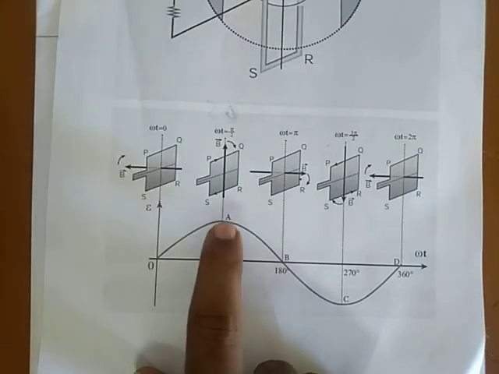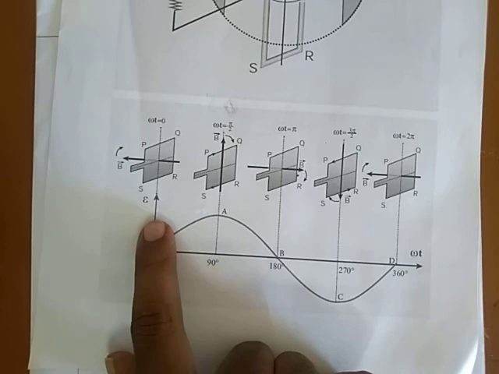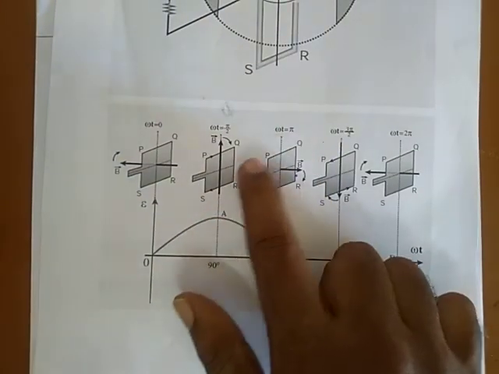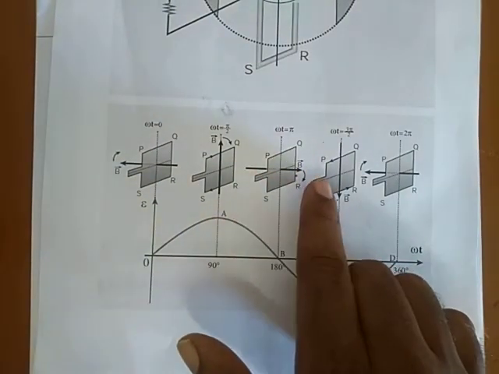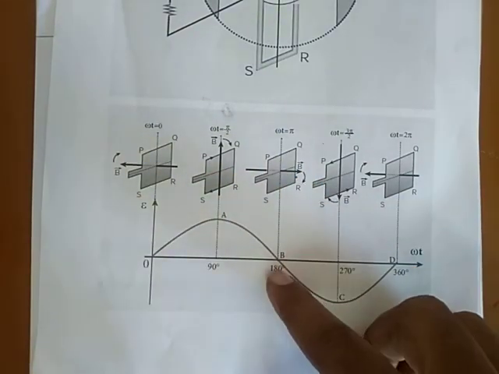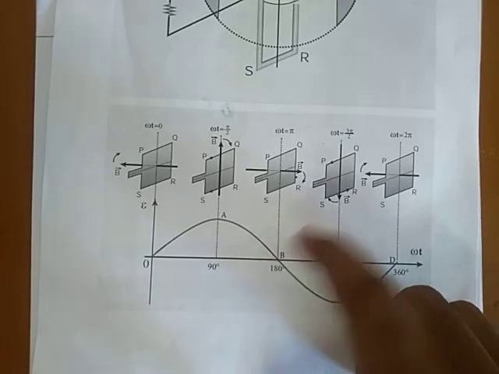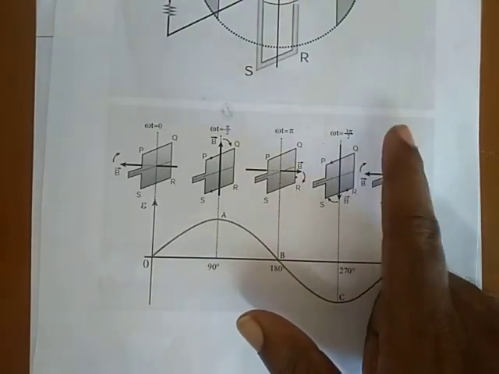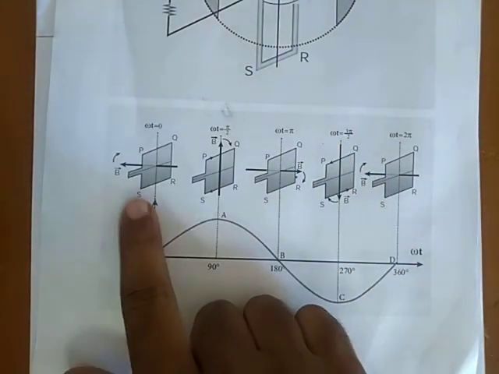It is represented in graph A. It is the maximum EMF, that is psi m. Then next the magnetic field will be 180 degrees from its initial position, and at that case the EMF will be 0. Then the magnetic field is 270 degrees from its initial position.